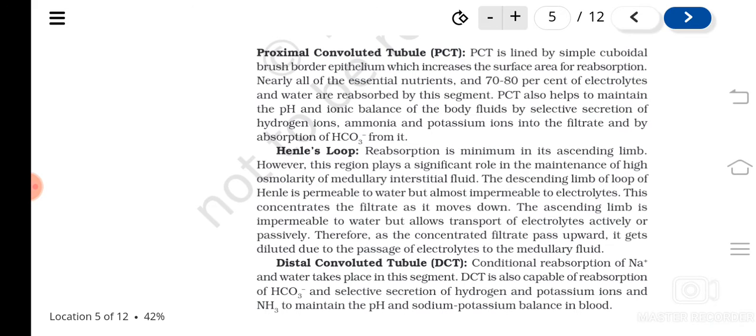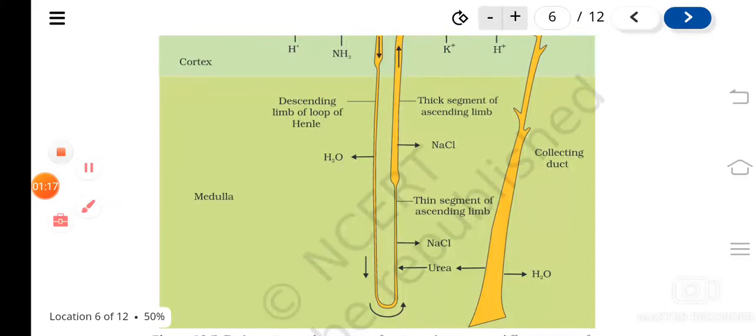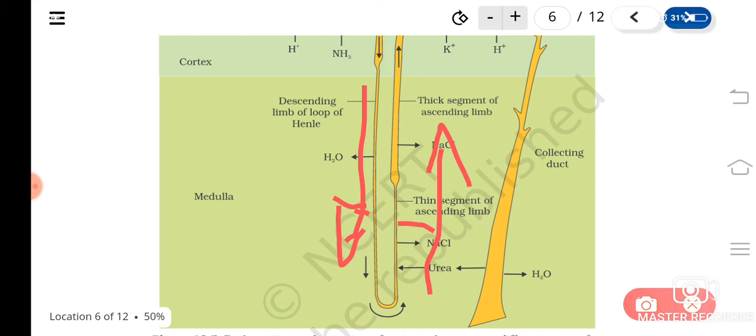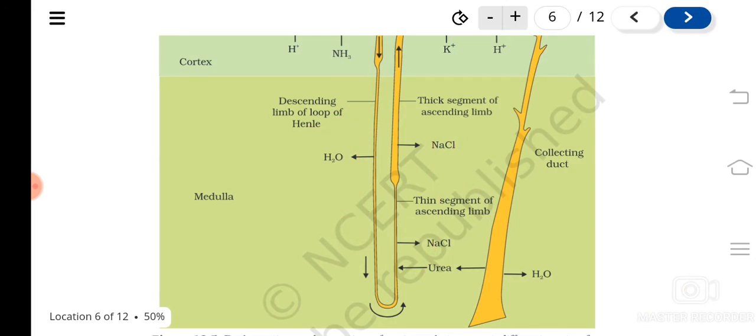Then Henle's loop. Henle's loop has a descending limb, where the flow of fluid is towards the downside, and from here the flow of fluid is upward. So this is known as the ascending limb, and this is known as the descending limb, isn't it? Descending limb and ascending limb.